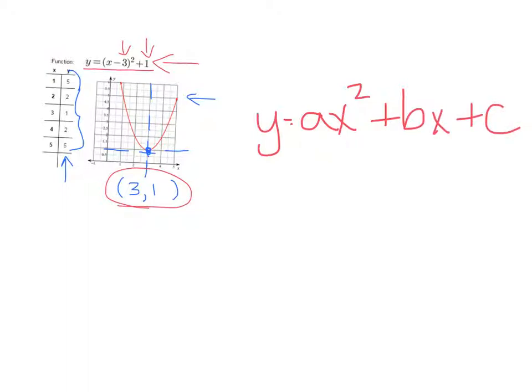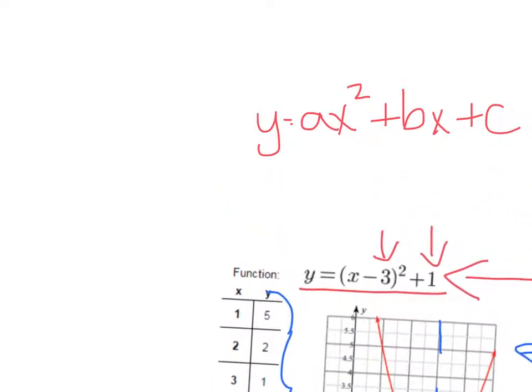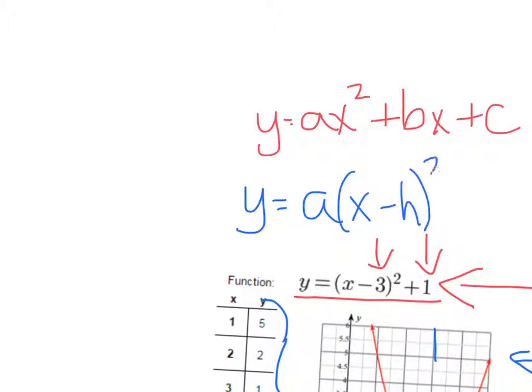Well, this one is in a slightly different format. Instead of ax squared plus bx plus c, this one is y equals a times (x minus h) squared plus k, where h is a new variable and k is another new variable for us. And this is something that's called vertex form.